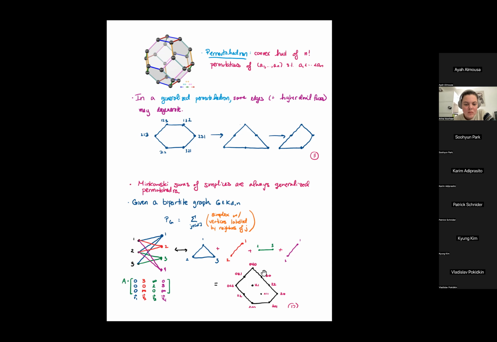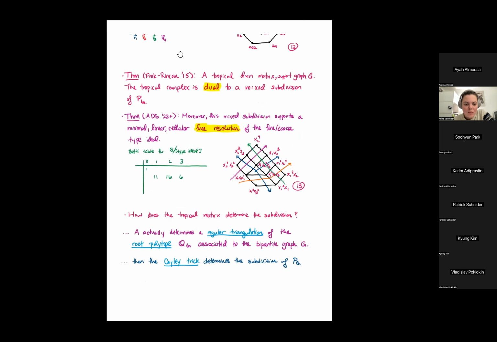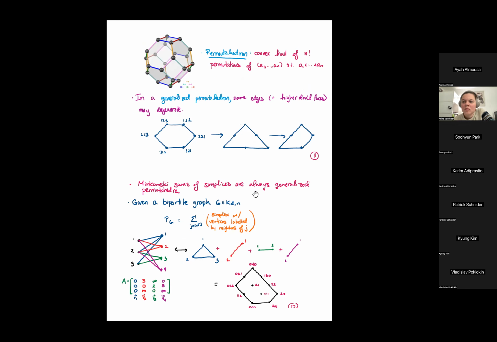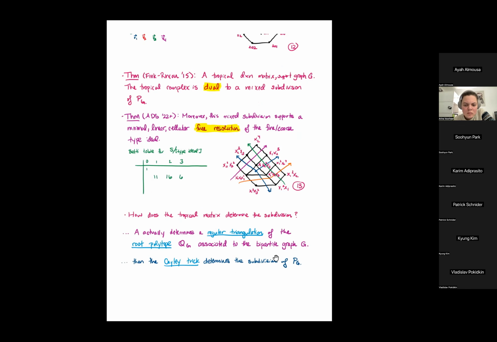That's where this story comes from. So I say it here. If you're given a tropical D by N matrix with this support graph G, then the tropical complex is dual to a mixed subdivision of that generalized permutohedron. That comes from taking the sums of simplices in the way I described right here.